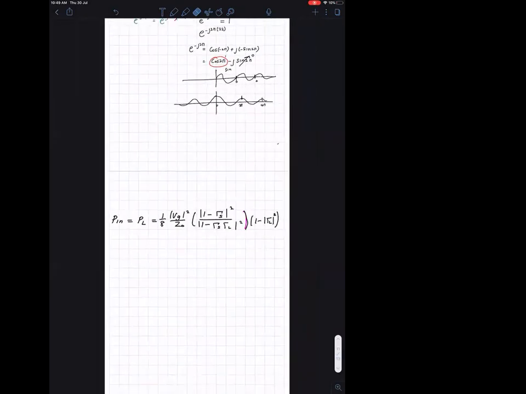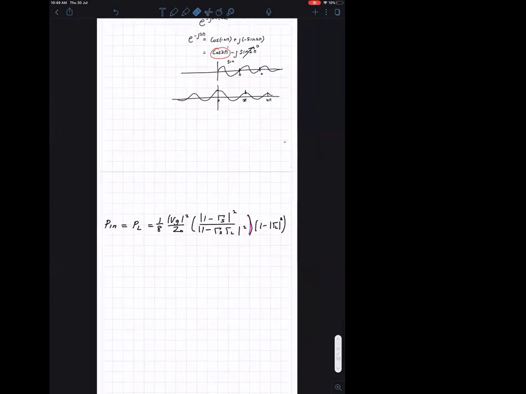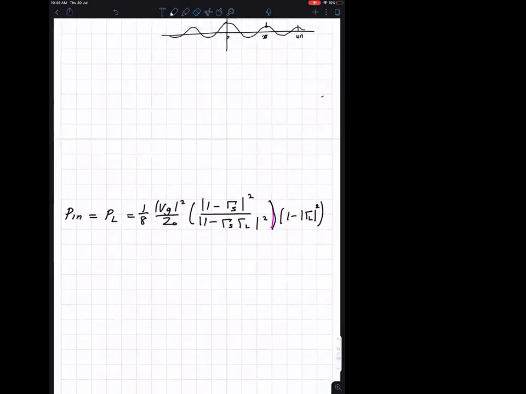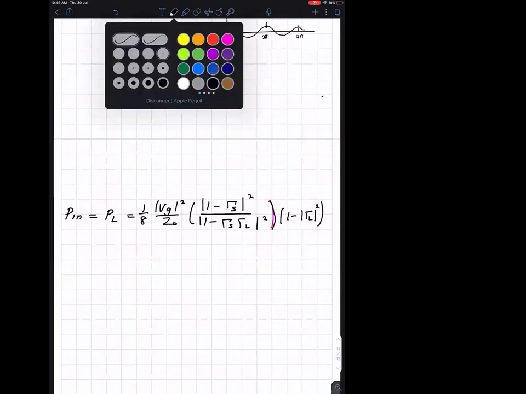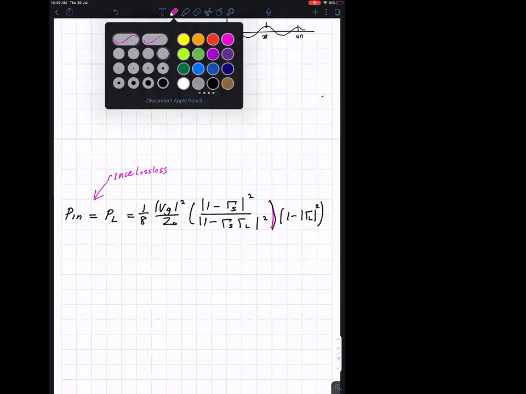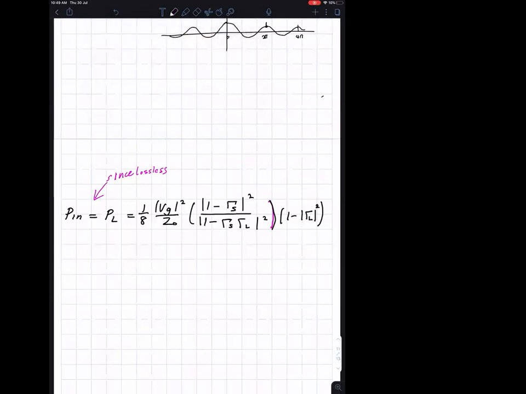Okay, so you have already calculated everything that you need to plug into this formula. And since it's lossless, this is true. So after getting everything, next, you plug everything in here.